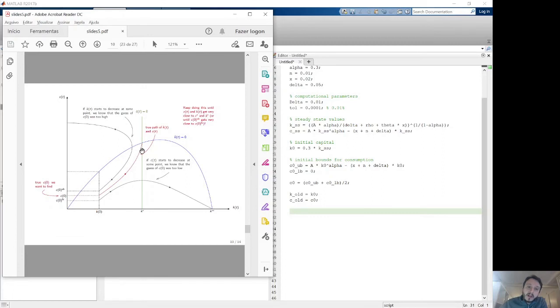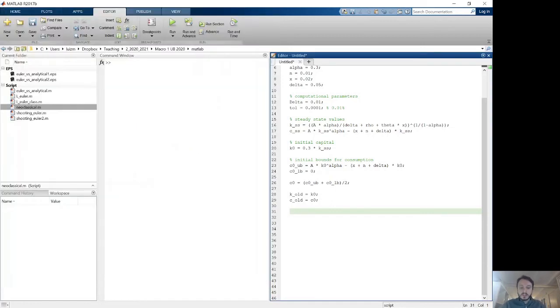So we will have a variable that says to MATLAB whether to continue simulating the path, and also another variable that tells whether MATLAB should continue updating the bounds for consumption. Okay, so let's call one variable flag update C0. So MATLAB will start updating C0, and we use a flag for this. Flag is used by some people who code.